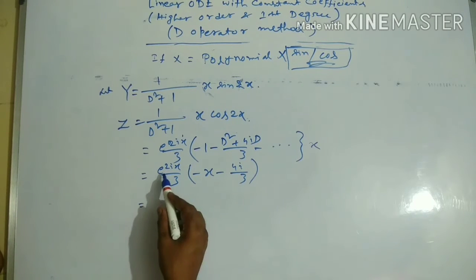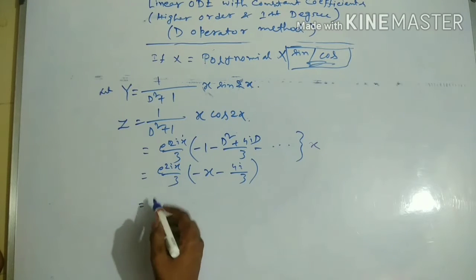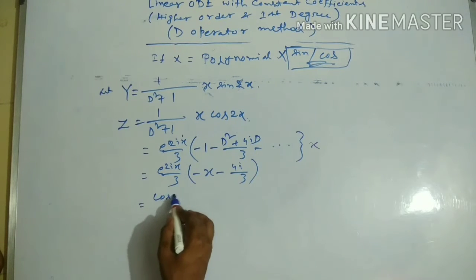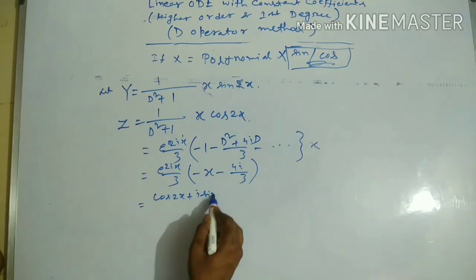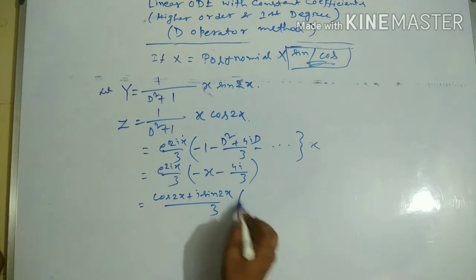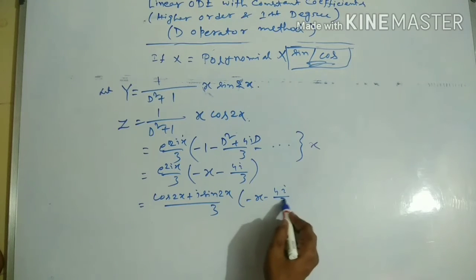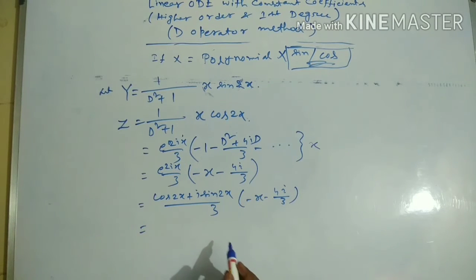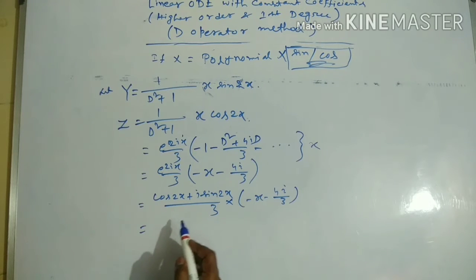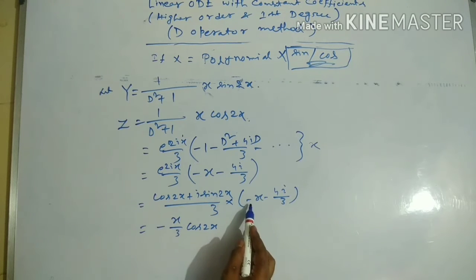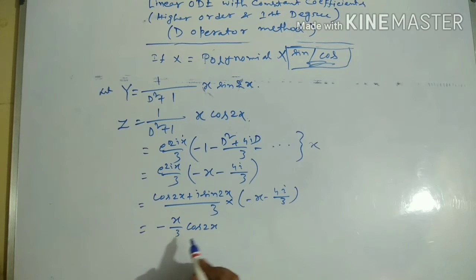Again I am applying the formula of e to the power 2ix, that will be cos 2x plus i sin 2x, by 3, into minus x minus 4i by 3. Now I will multiply this and separate the real part and the imaginary part. First I am writing the real terms. Cos 2x by 3 into minus x, that is minus x by 3 cos 2x; this into this gives a real term.